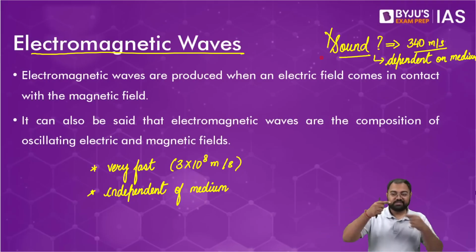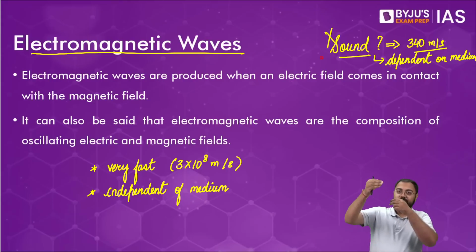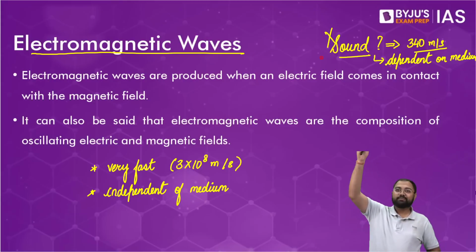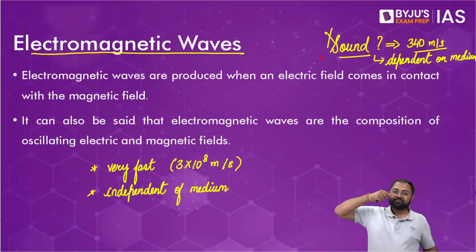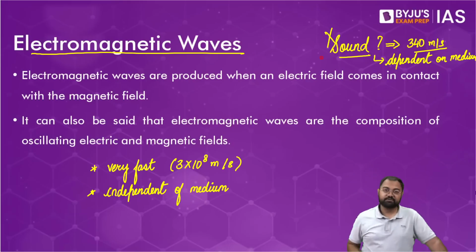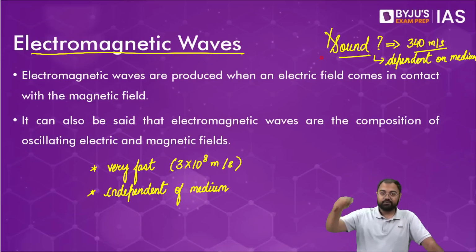These air molecules start to vibrate and collide with one another, and they keep passing the information to a mic which is fixed right here. So because of the air between my mouth and the mic, this sound will travel.